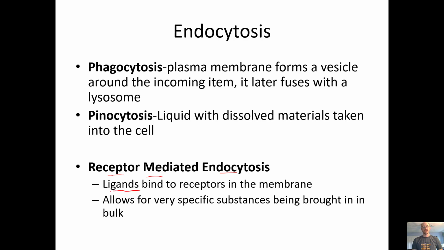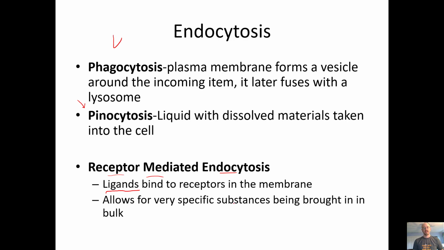And a ligand, once again, I think I've used this word before, is a molecule that binds with another molecule. It sticks to another molecule. So a ligand is a molecule that sticks to a receptor. So a ligand is what the cell wants. The ligand binds to the receptor in the membrane, and that causes the cell to turn on endocytosis. So up here, this kind of endocytosis and this one are sort of generalized.